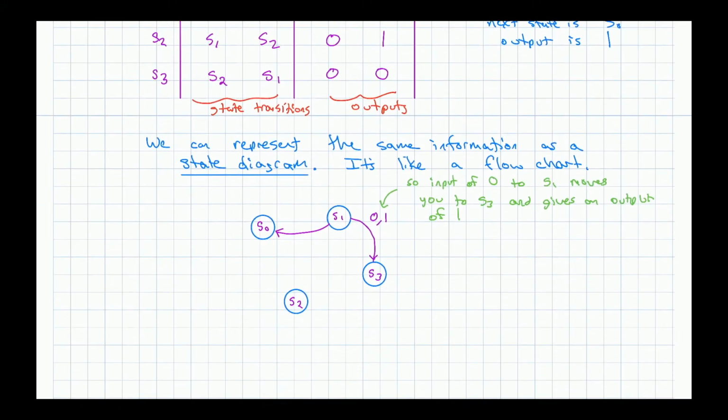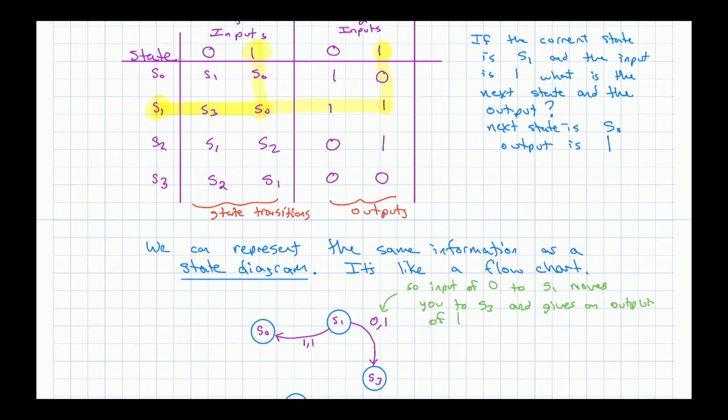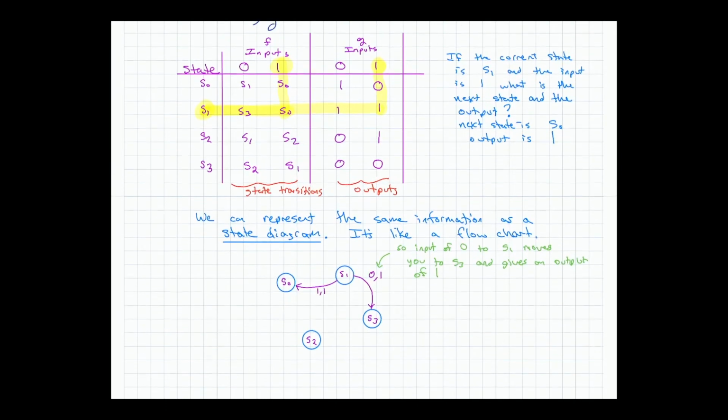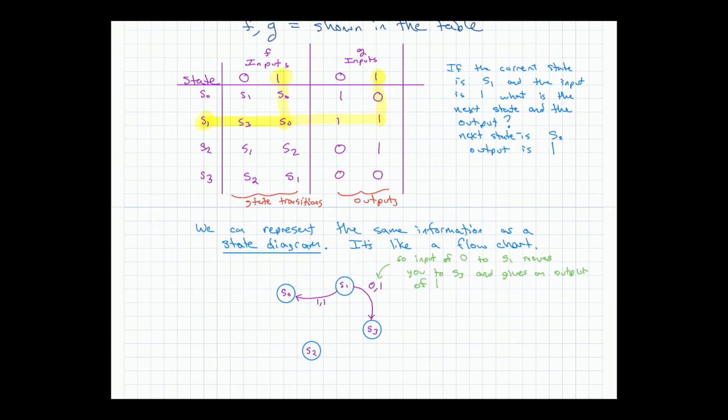So it should be labeled 1, 1. So there you go, there's 2 of them on the list. Now you've got to do all of the others. I just did kind of a random row there, but we've got a lot of other arrows to draw. 6 others to draw, 8 total.